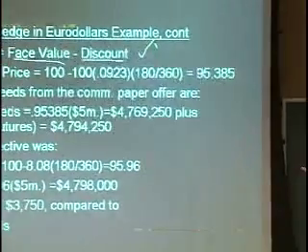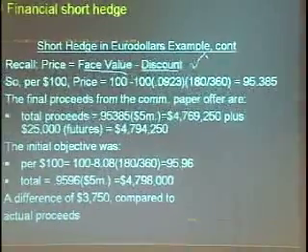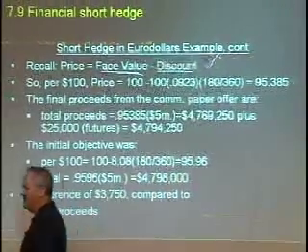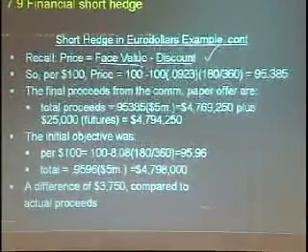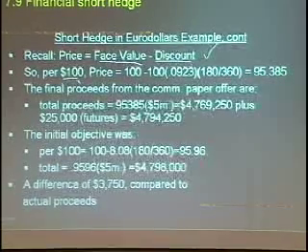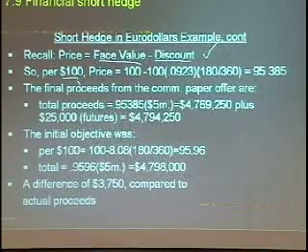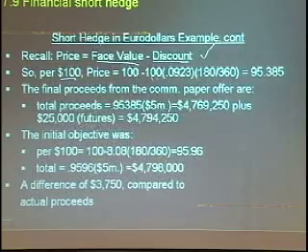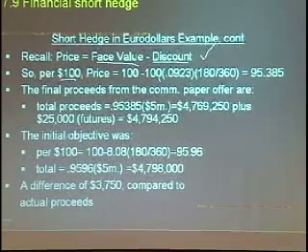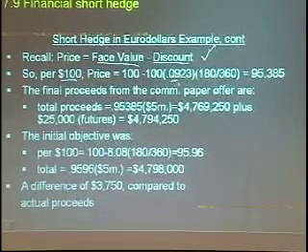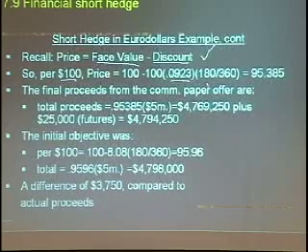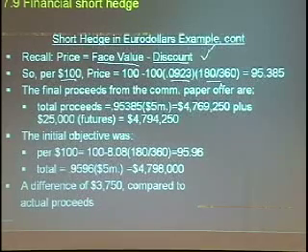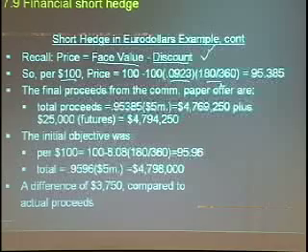So just to keep it simple, let's start with units of $100, and then we can go to the $5 million in a second. For every $100 of face value that you sell, the price is equal to 100, which is the face value, minus the discount, which is the interest rate, right? And in this case, the interest rate is for a half a year.